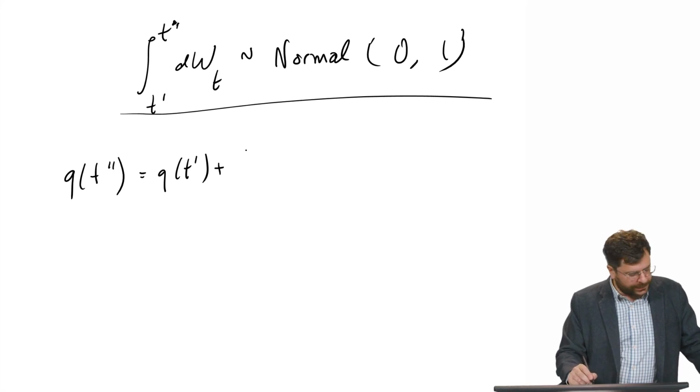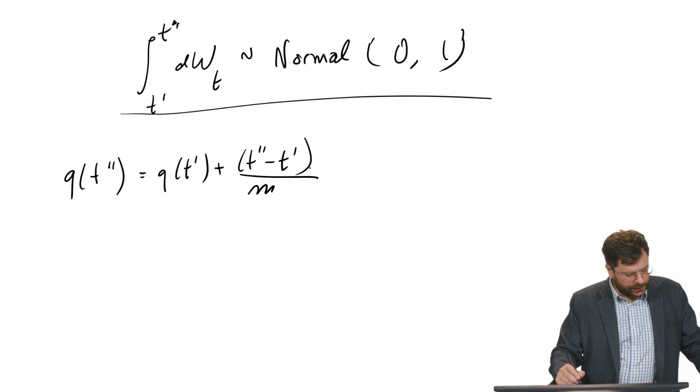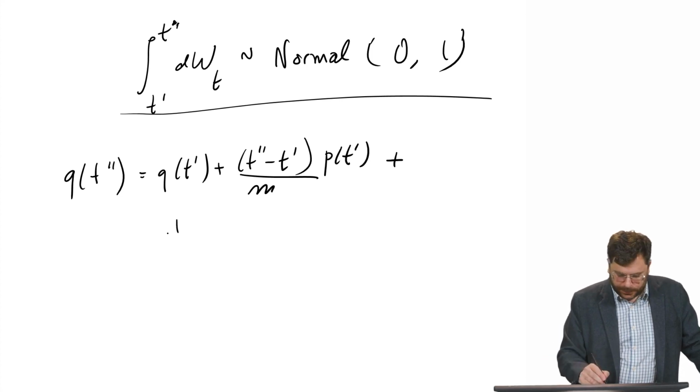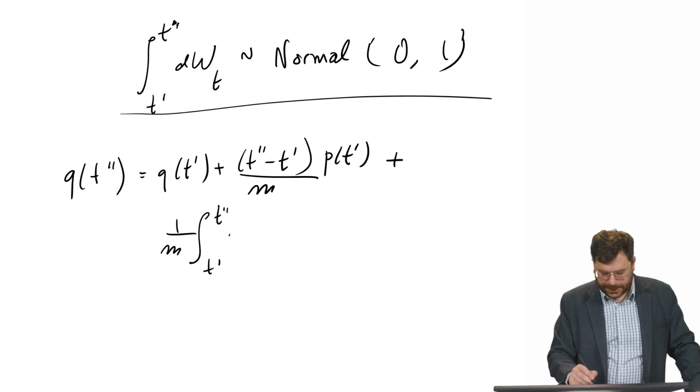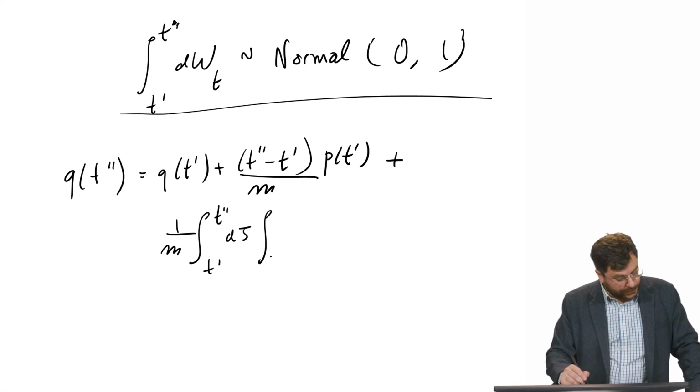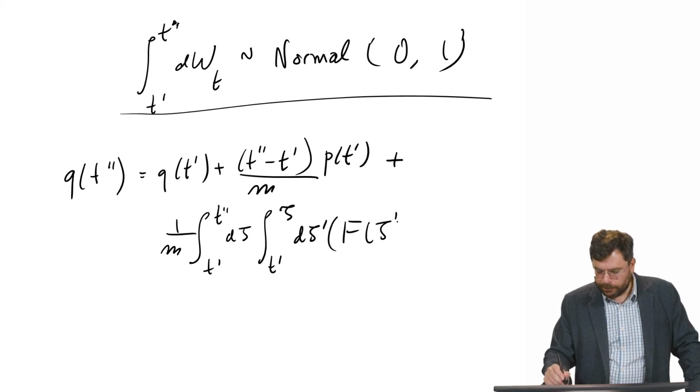Now we don't expect many changes here. So p of t prime plus, in our position, we have the integral of 1 over m, from t prime to t double prime, d tau prime, f of tau prime.